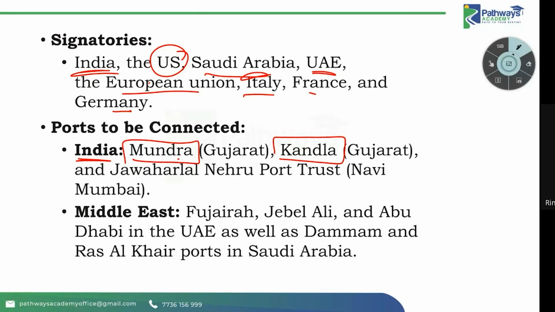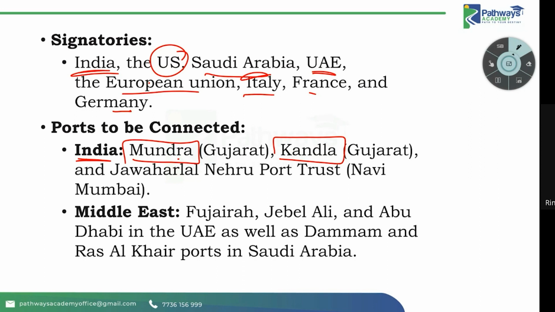Second, it is known as the offspring of partition. That can be a UPSC question. Why is it known as the offspring of partition? Before Kandla, we had Karachi port. When India and Pakistan were together, we used Karachi port for export and import. But after the partition, we had to make another port, so first we made Kandla.